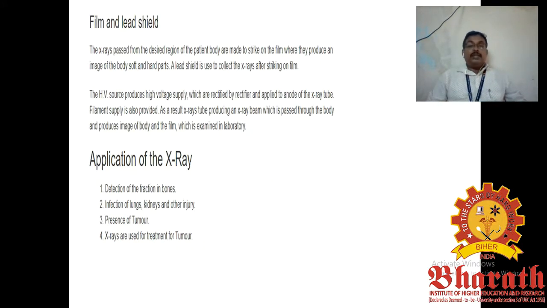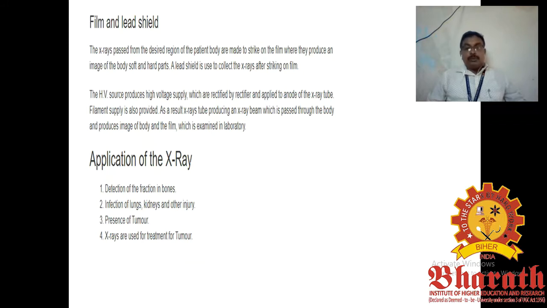Then the film and the lead shield, where the X-rays that pass the desired region of the patient's body are made to strike on the film, where they produce an image of the body, soft and hard parts. A lead shield is used to collect the X-rays after striking the film. So the HV source produces a high voltage supply, which is rectified by the rectifier and applied to the anode of the X-ray tube.